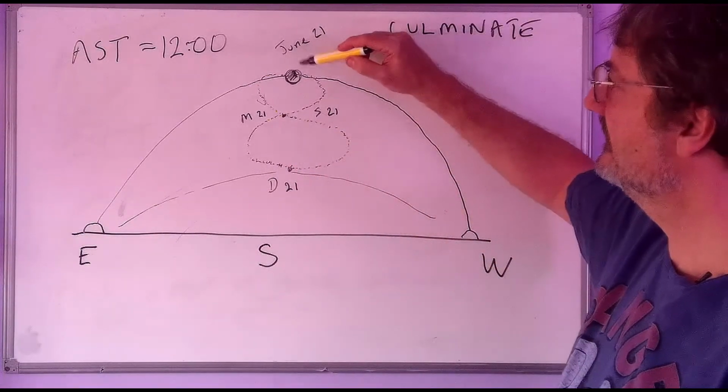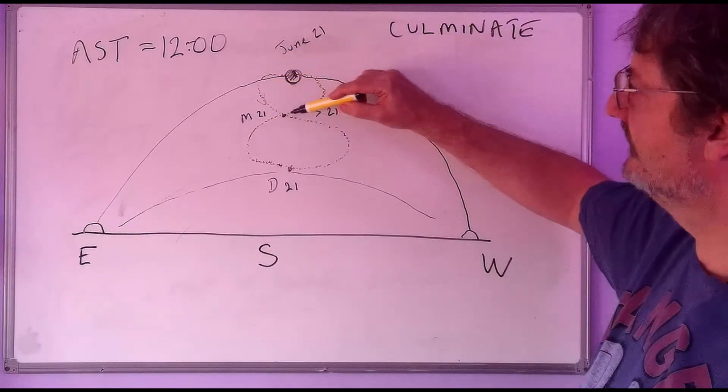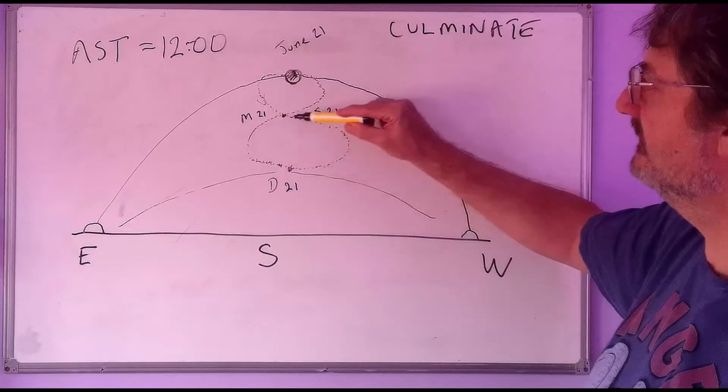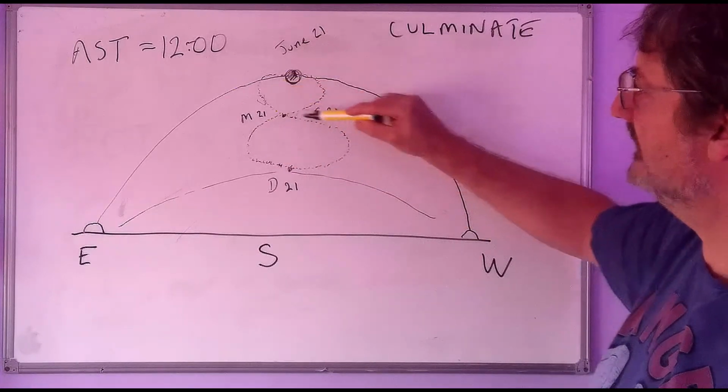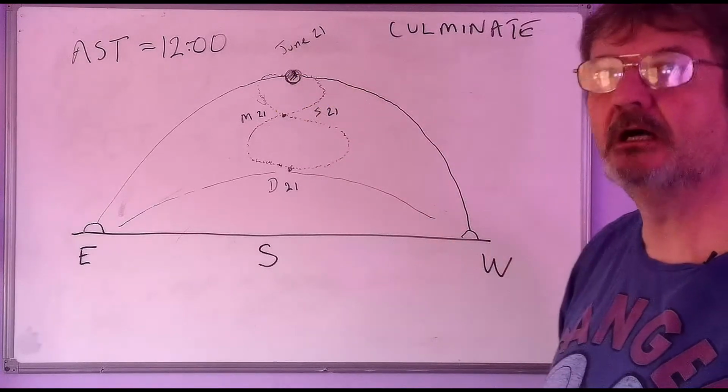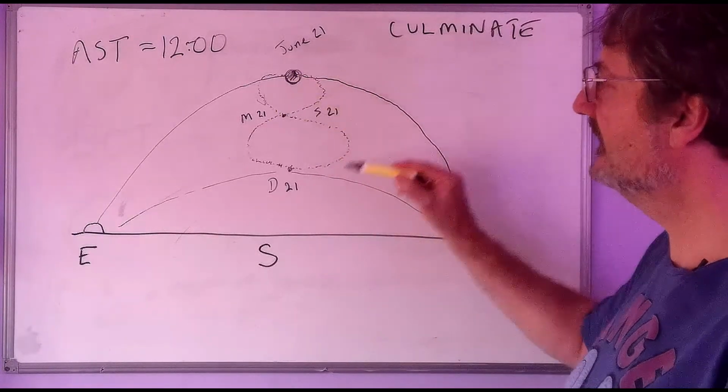So, summer solstice, autumn equinox, winter solstice, spring equinox. This shape, you might be interested to know, is called an analemma, this figure 8 shape.